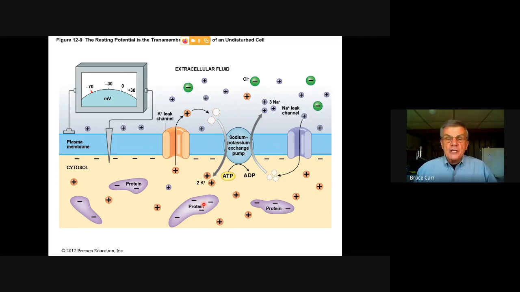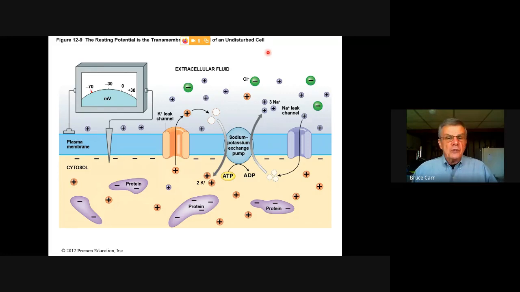So whereas protein and chloride contribute to the actual millivolt reading, they are not moved during this process. It is primarily the movement of sodium and potassium that's going to cause this needle to jump and show that electrical work is being done.